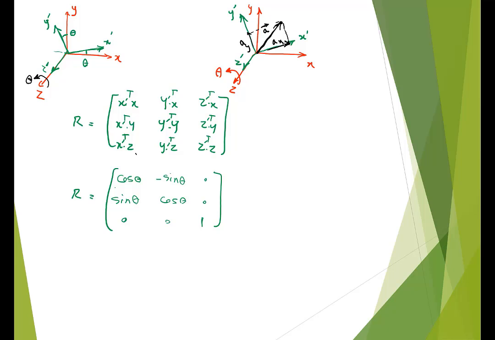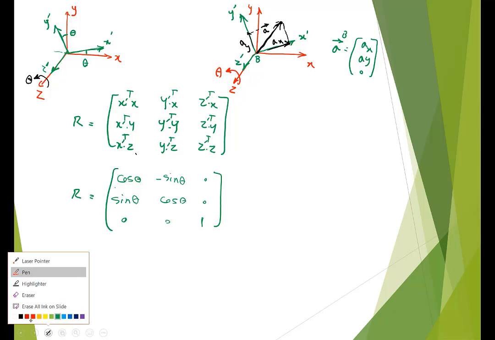So that vector in the rotated green frame, let's call it frame B, is defined by AX, AY, and its Z is 0.